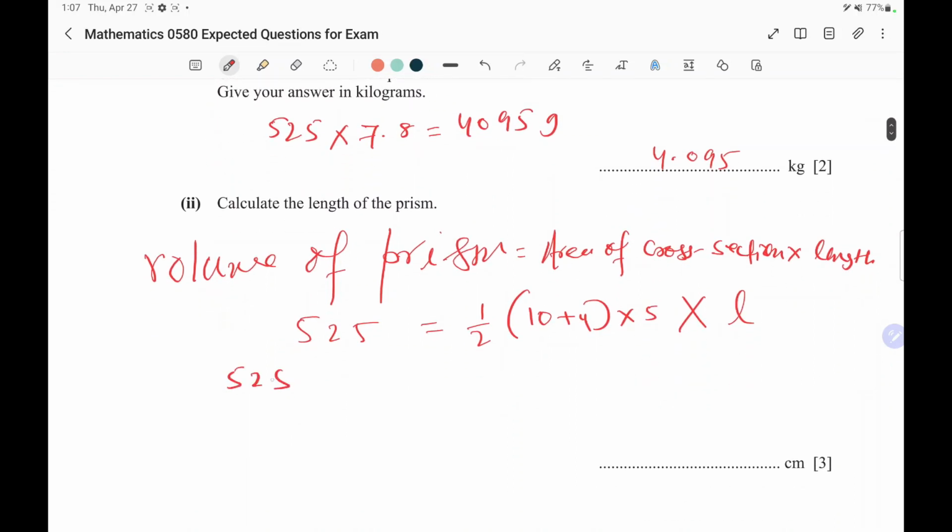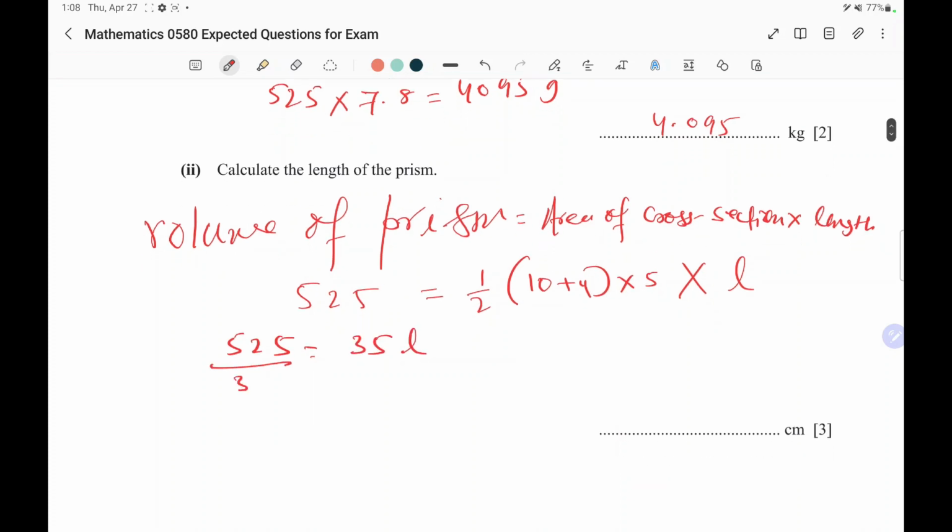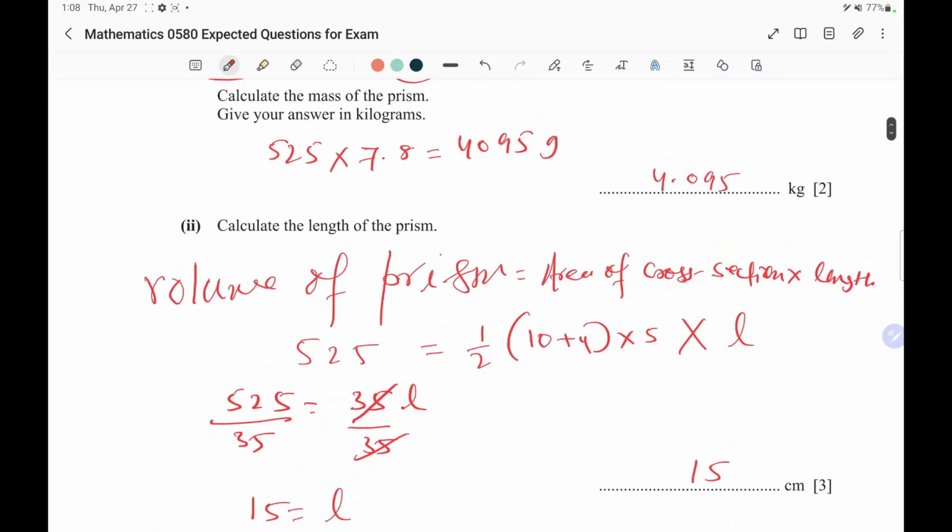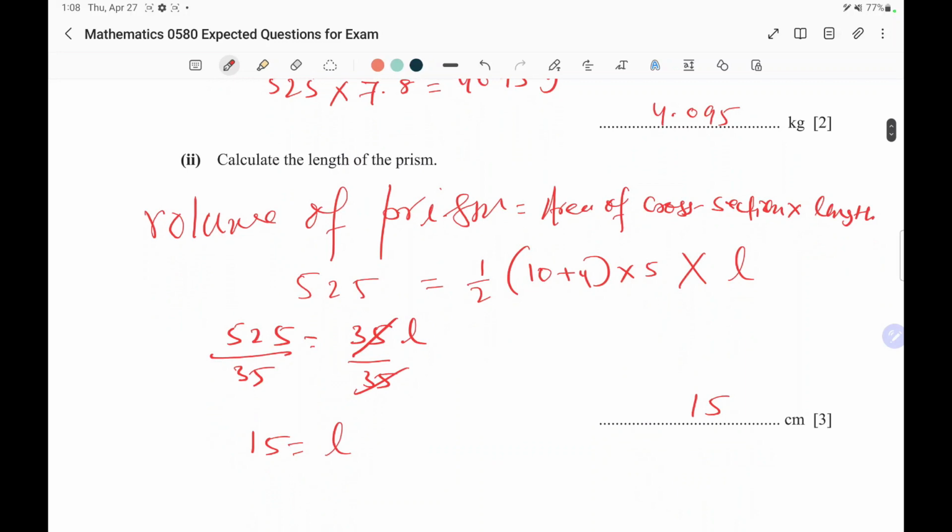So 525 equals 10 plus 4, that is 14, divided by 2, that's 7. 7 times 5, that is 35 L. Now divide by 35 on both sides. 525 over 35 is 15, right? So L, I got 15 centimeter. So this is again an easy problem.